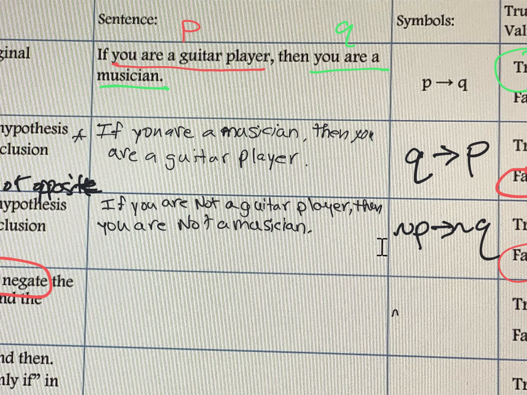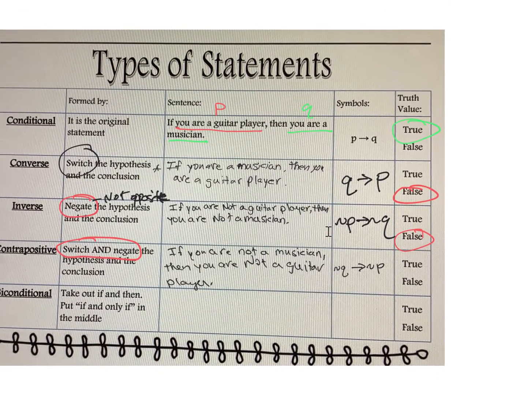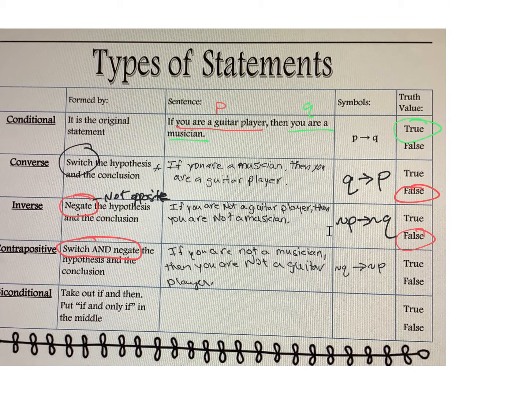So this is, if not Q, then not P. So if you are not a musician, then you are not a guitar player. So let's think about the truth value for this statement. This statement is also true. If you're not a musician, then you're not going to be a guitar player. So that statement is going to be true.